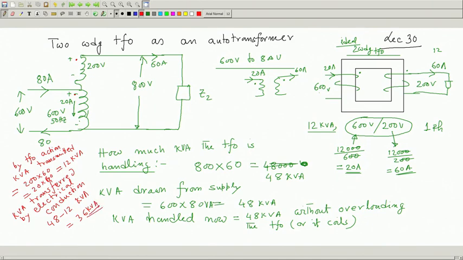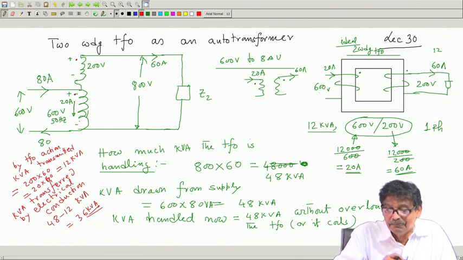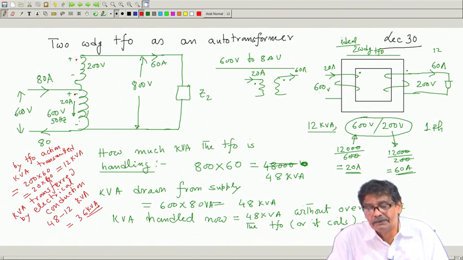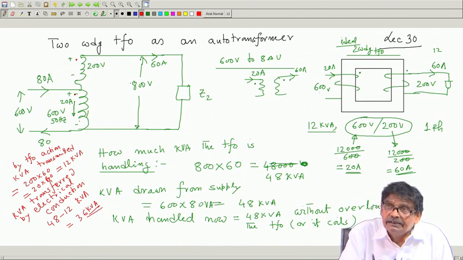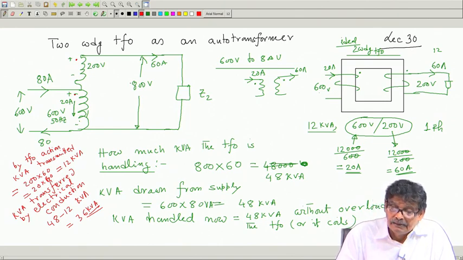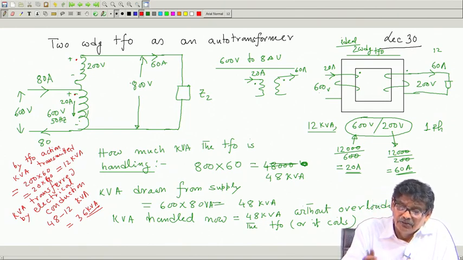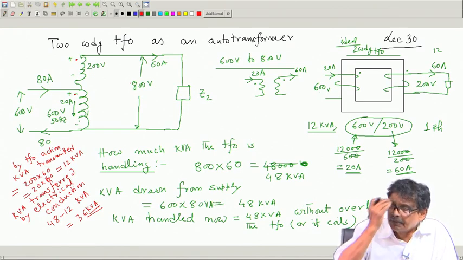So, this is quite interesting to note, that a two winding transformer will carry rated currents, will have rated voltage across it, and still it can transfer much more kVA, provided you connect it in this fashion. Okay, and this is always done like this.